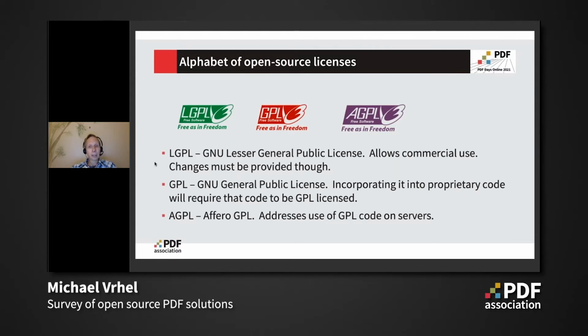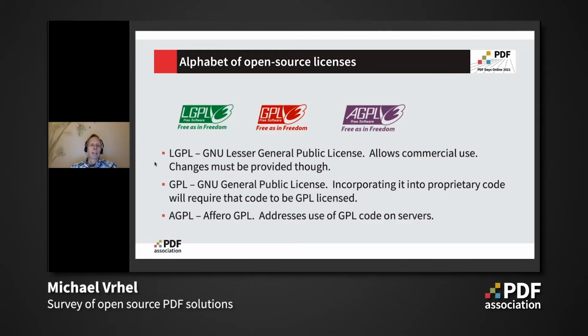With the GPL license, if you try to incorporate GPL code into your proprietary code and you're going to ship that off, then that requires that your proprietary code now would need to be GPL licensed also. And so in that sense, the GPL license is sometimes referred to as being a viral or infectious license.